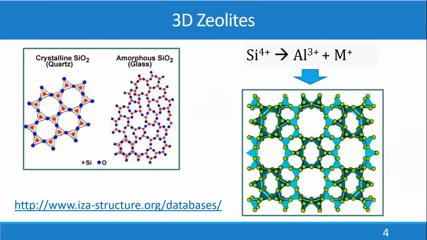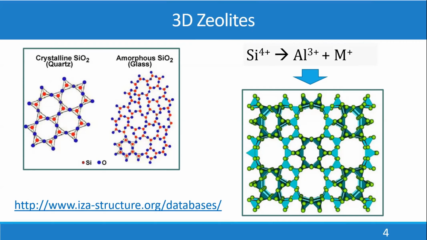And if you substitute, for example, one or several silicon cations with charge 4+ for aluminium 3+, just to keep the charge balance, you need to introduce another cation, for example, protons or sodium or potassium and so on.